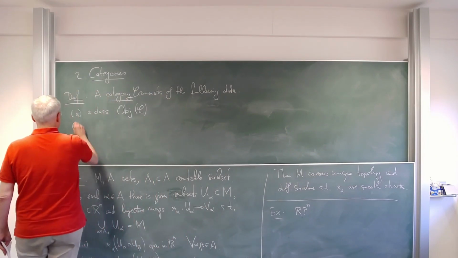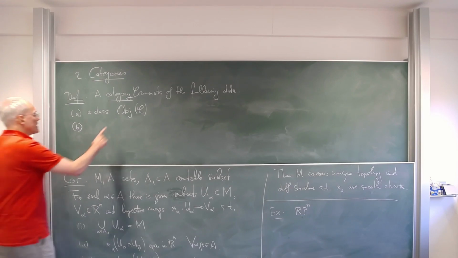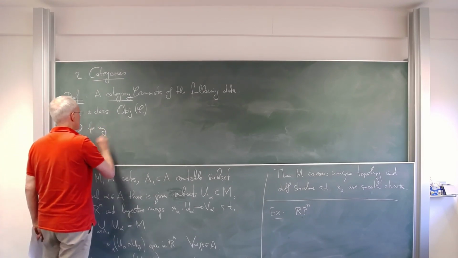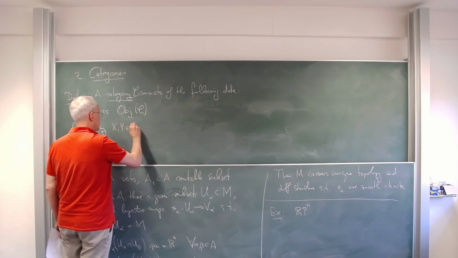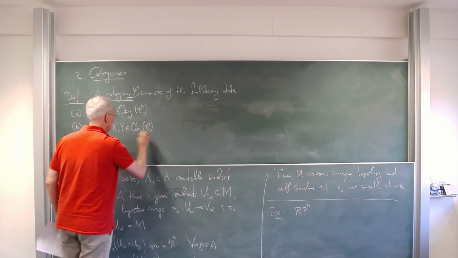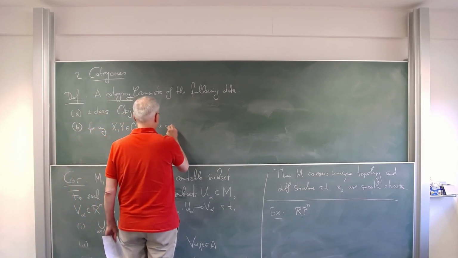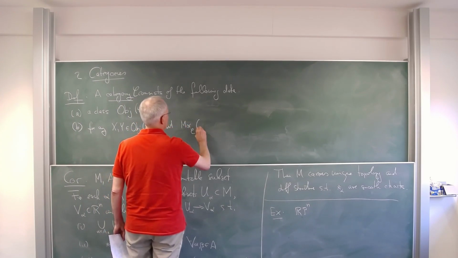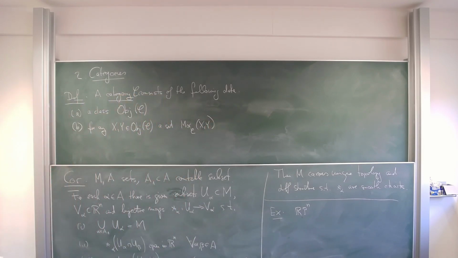All right, and the second thing that we need is, whenever I have two objects, so for any X and Y objects of my category, now I have a set called Mor_C(X, Y).